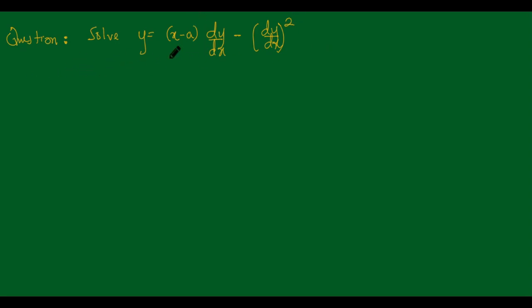So remember, the first step is to set dy dx to be equal to p. So on doing that, we have our equation to be x minus a multiplied by p minus p squared.